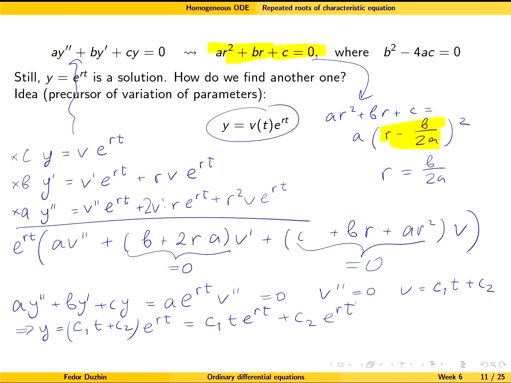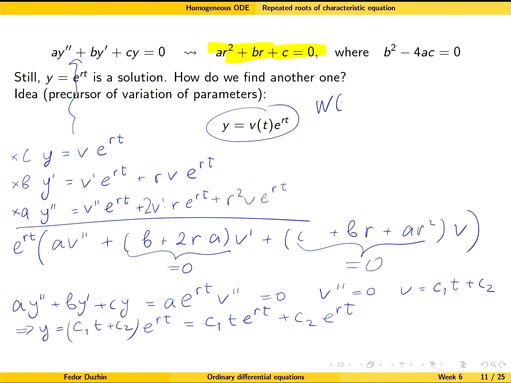Well, it seems like the general solution, but in order to make sure that it works out, we also need to verify that the Wronskian of these two functions is not 0. So let me do it. Let me find the Wronskian of these two solutions, just to make sure that it works out.